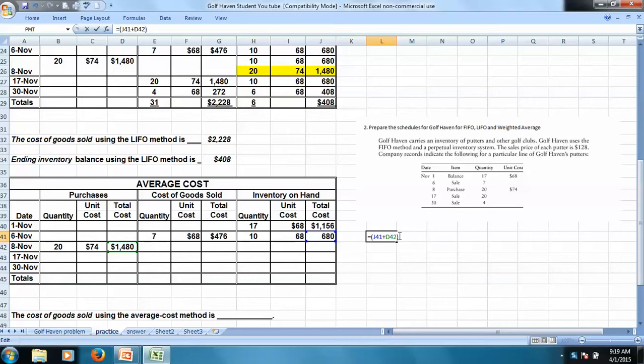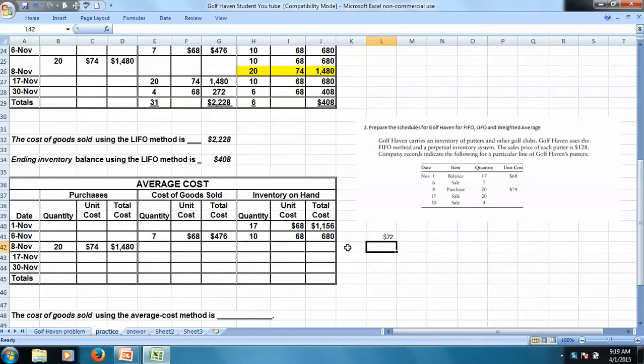We put parentheses and we divide that number by the total number of putters in the store, which is 10 plus 20 or 30 putters. So the weighted average cost per putter is $72.